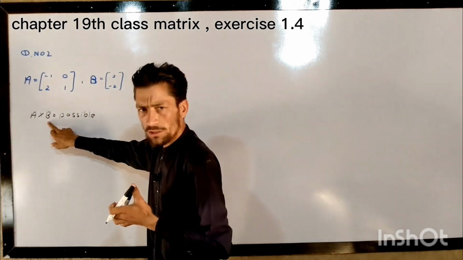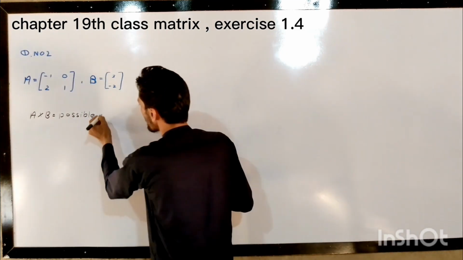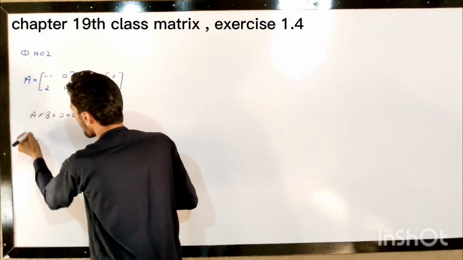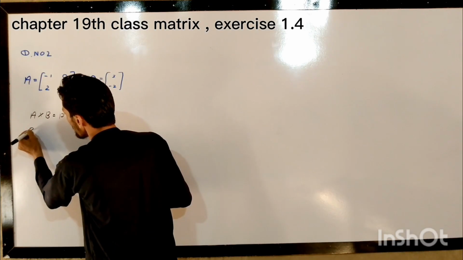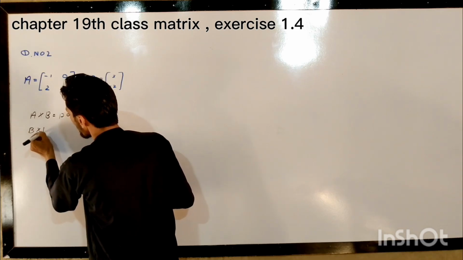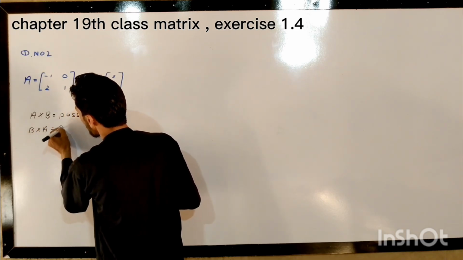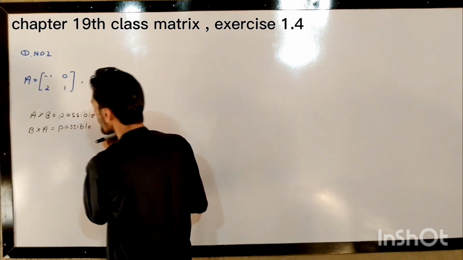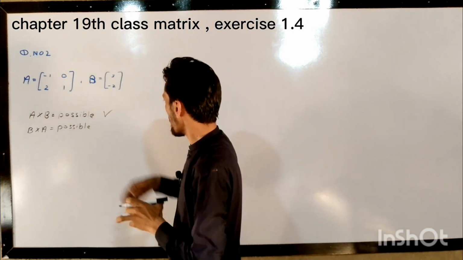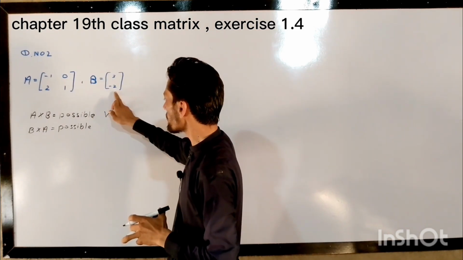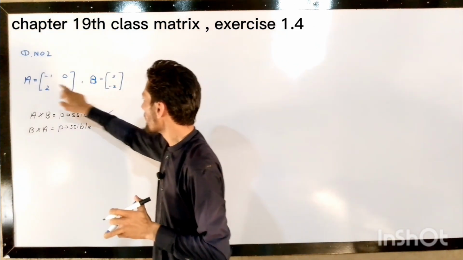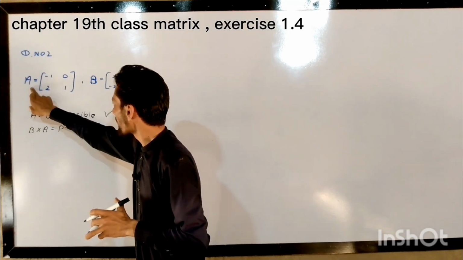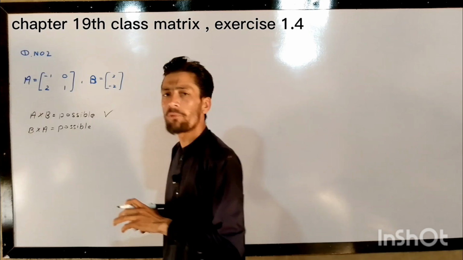So yes, this is possible for multiplication. The second question they are asking is whether B cross A is possible or not. We will check. The number of columns of B right here is just 1 and the number of rows of A is 2. So B product with A is not possible.